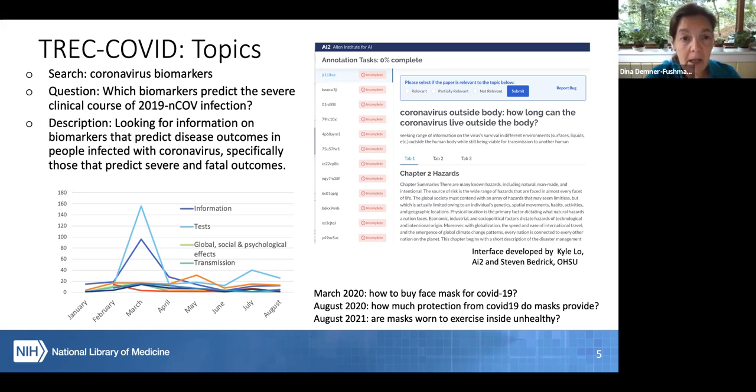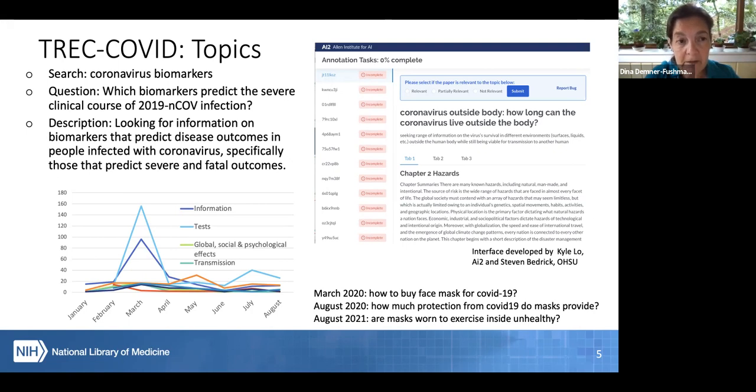Then there is, in our case, an actual question that was asked. For the questions, we pulled logs submitted to MedlinePlus. We pulled the NIH interest groups that were asking questions at the time. Oregon Health went to their researchers and to their librarians to see what people are asking about. So these are all real-life questions as they were evolving at the time of the pandemic.